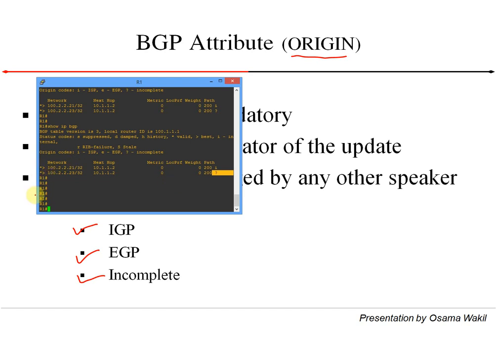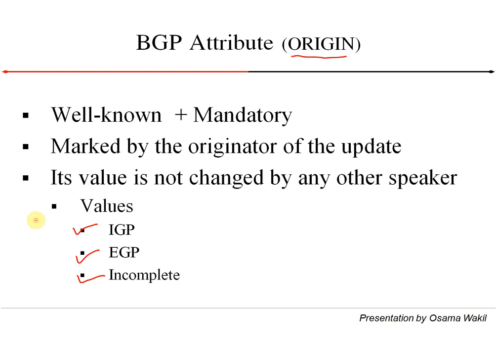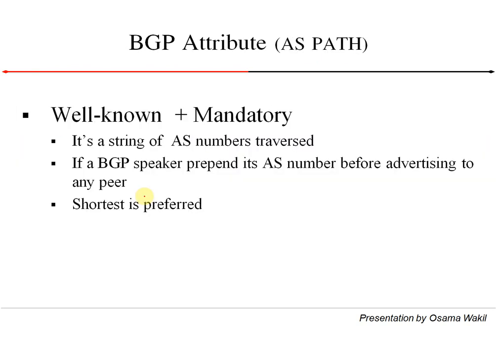Let's look into the next path attribute, which is AS path. Here is the same output. AS path is basically a string of AS numbers.